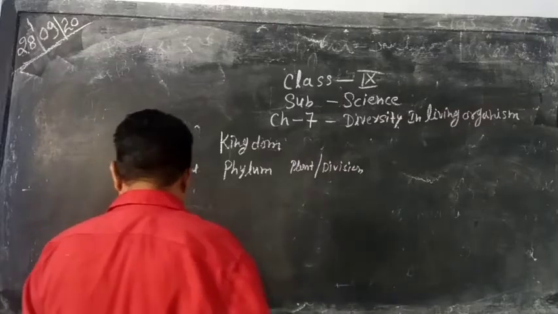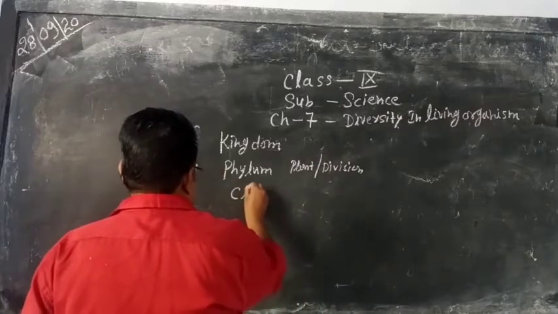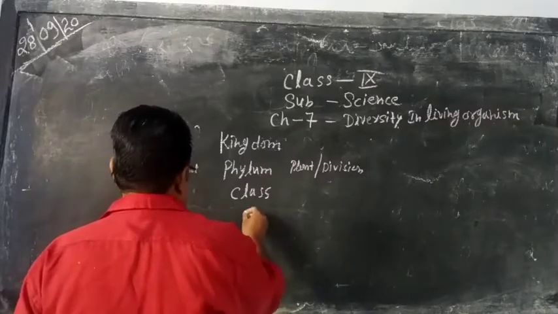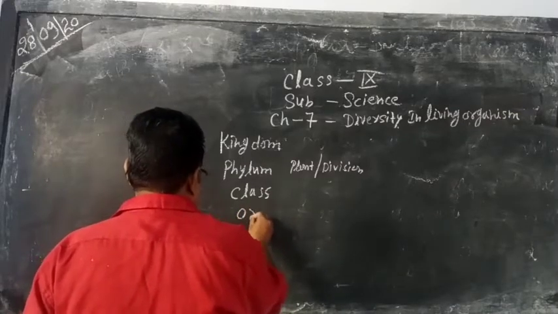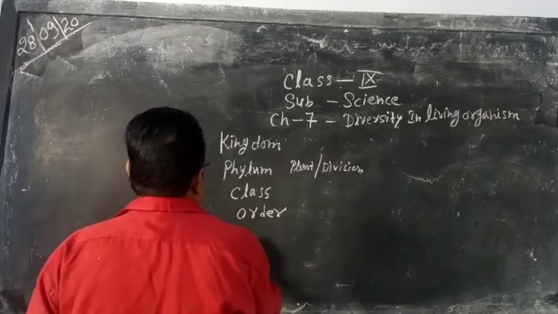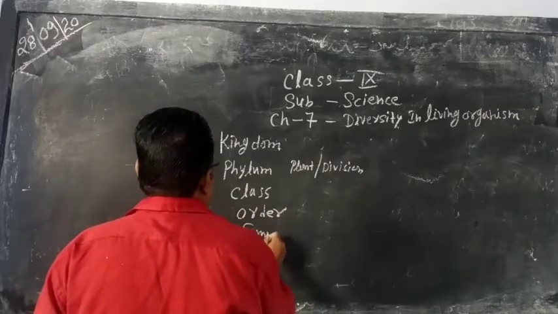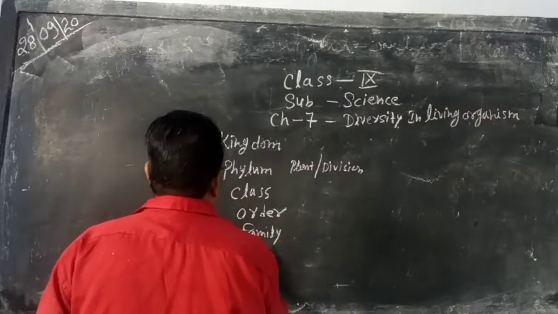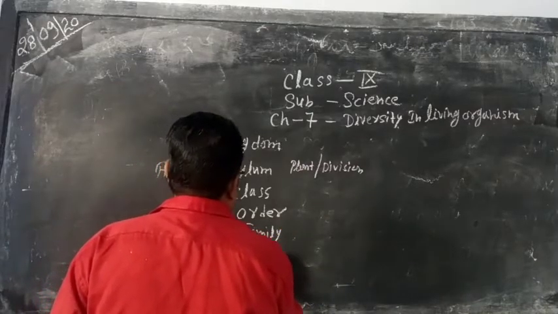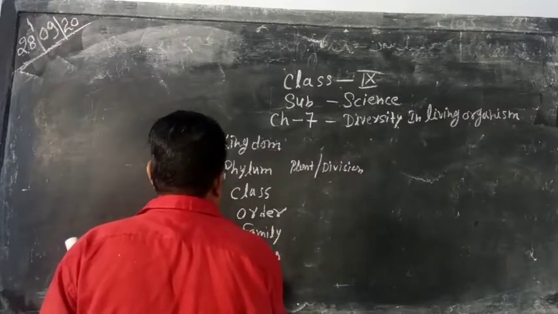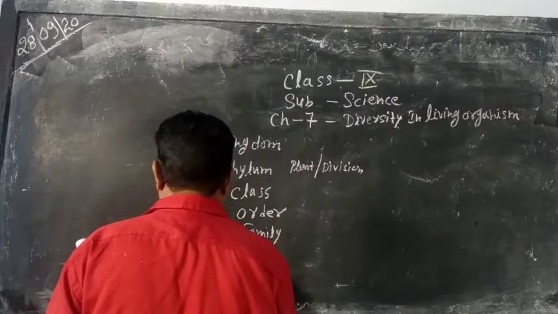The next level is class. Phyla are further divided into several classes, and these classes are divided into orders. Orders are divided into families, and families are further divided into genera, and several genera are divided into several species.